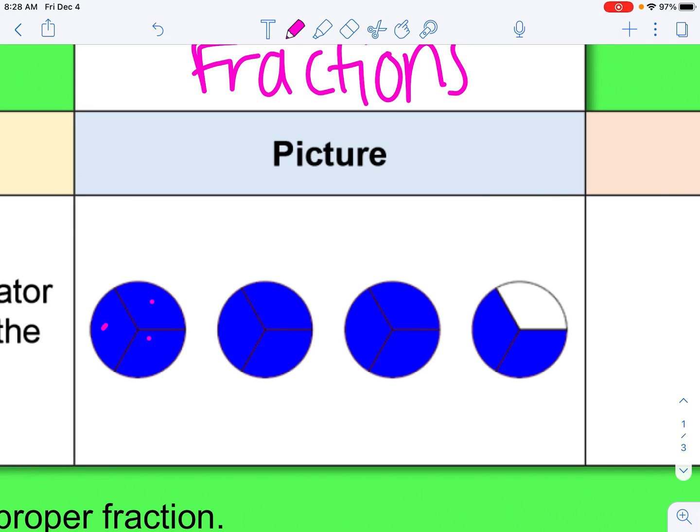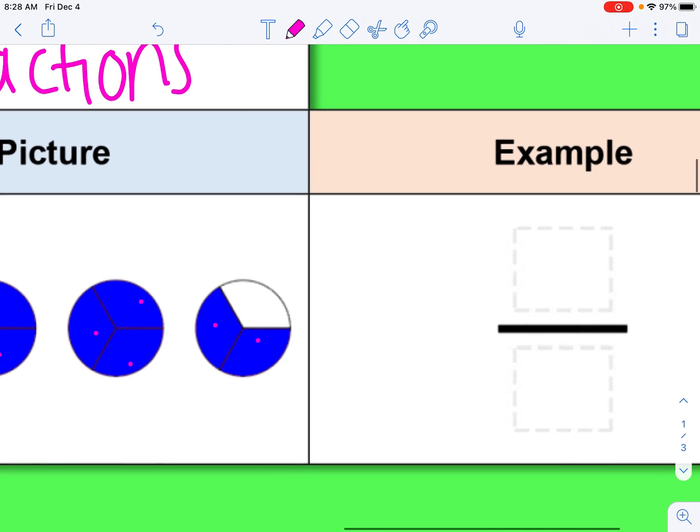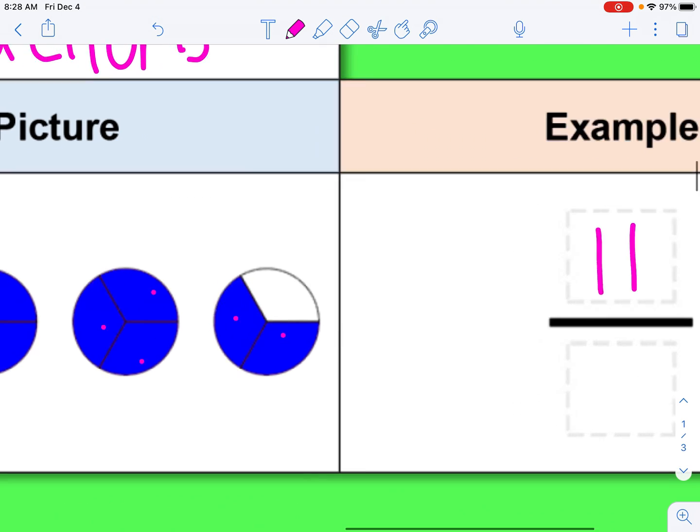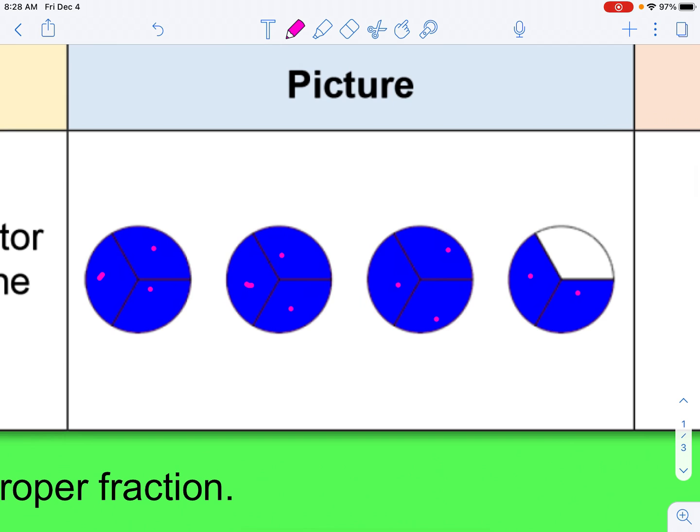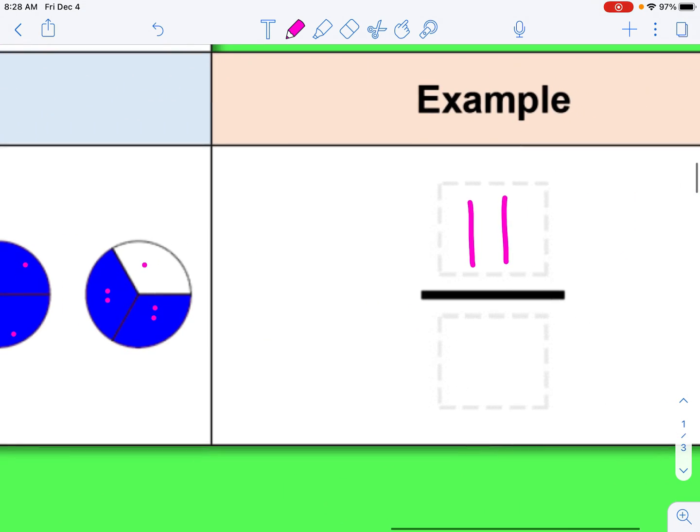We have 3, 4, 5, 6, 7, 8, 9, 10, 11 pieces all the way colored in. So that's the numerator of our fraction. And then our denominator is how many pieces are in one of the pictures. Well, there's 3. So as an improper fraction, this is written as 11/3.